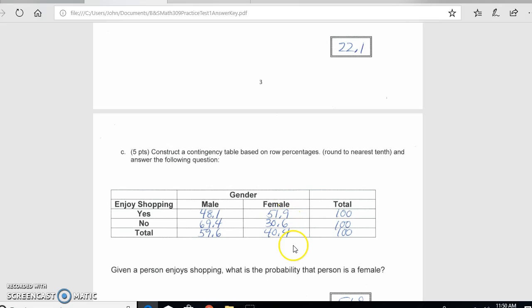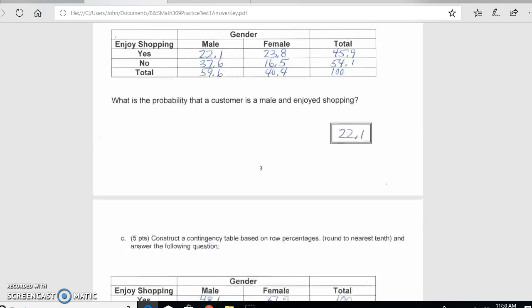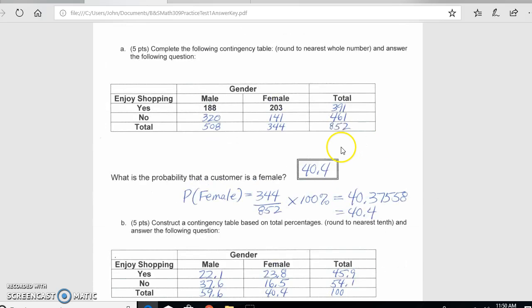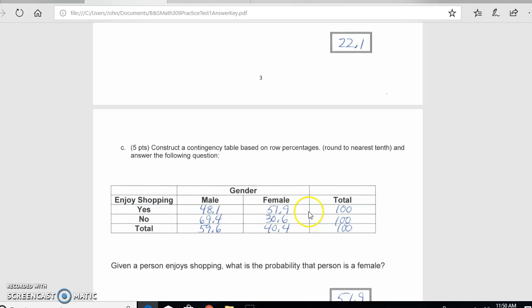And then I would do the same thing for the column for the women as well. In the original table, I have 203 women who enjoyed shopping out of 391. So 203 divided by 391 times 100 would give me 51.9% here.